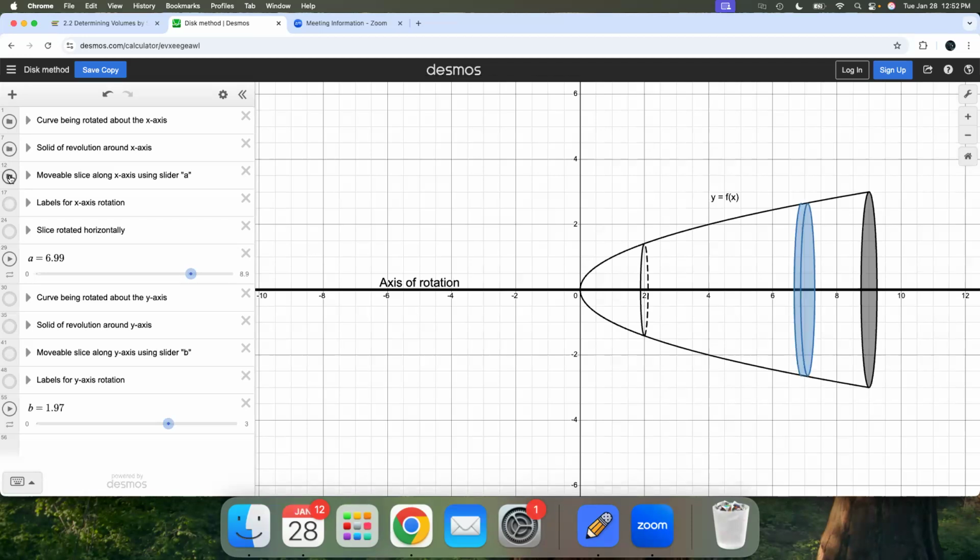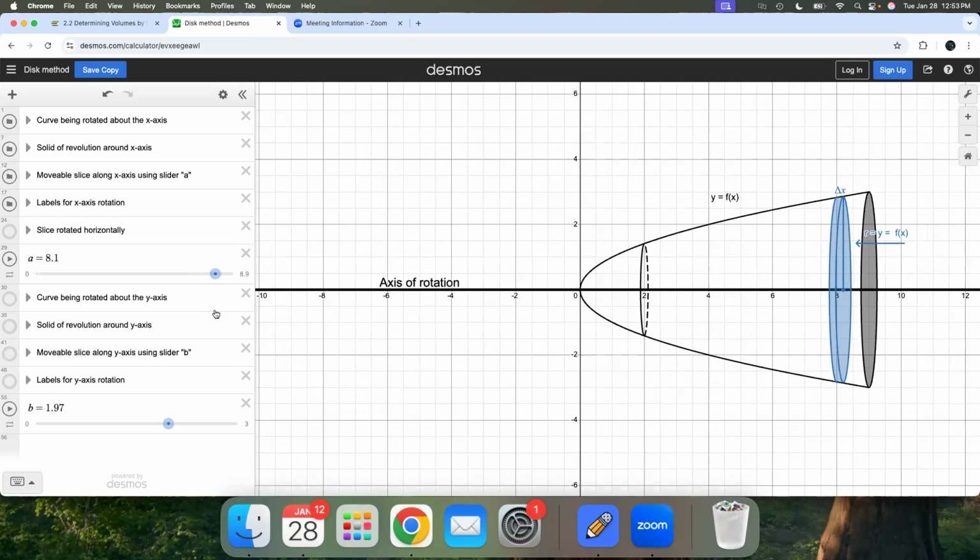Again, what's going on in the background is we're stacking up a bunch of these disks. So imagine I've got that disk and that one and that one, and these are all lying on top of each other. They're not overlapping at all. I'm adding all these little disks up.